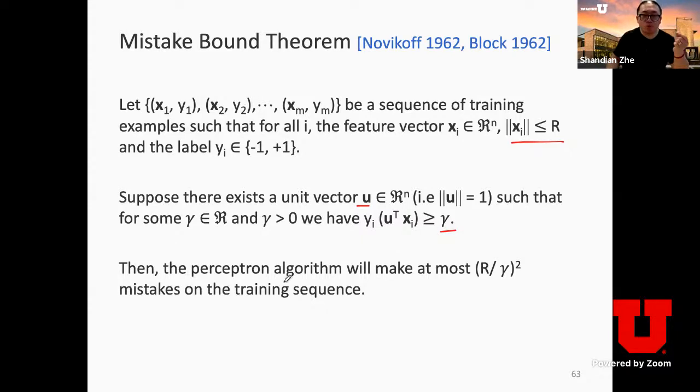Then we claim that by running the perceptron algorithm, it will make at most R squared over gamma squared mistakes or updates before it finds a separating hyperplane. By the way, the separating hyperplane found by the perceptron is not necessarily the same as u. It can be totally different from u.